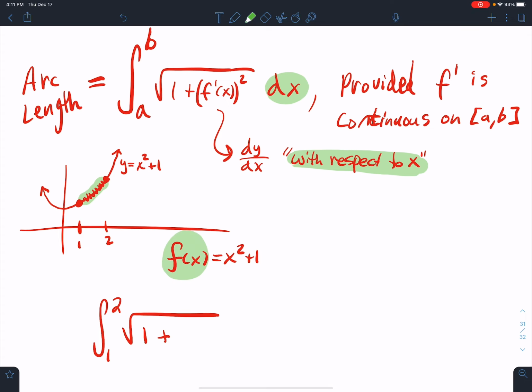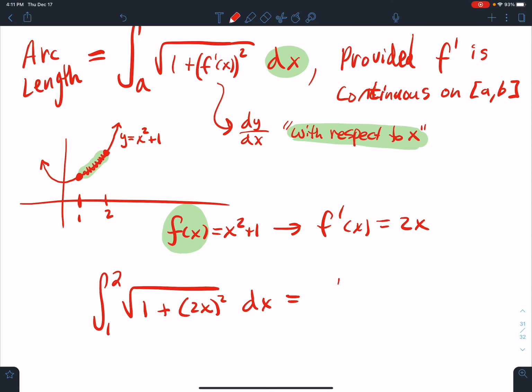I need to find the derivative here. The derivative f prime of x is 2x, okay? So the derivative squared dx. And so this is equal to the integral from 1 to 2 of the square root of 1 plus 4x squared dx.